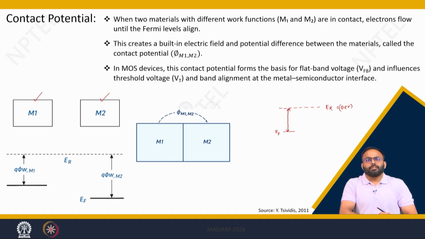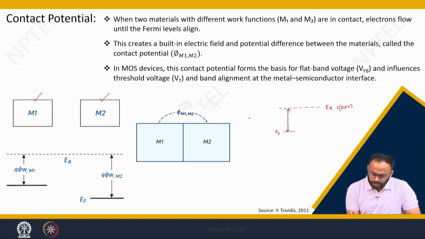So, work function is defined as the minimum energy required for the electron to leave its host material. If the work function is higher, it means the electron is tightly bound with that particular material, and hence you need to apply more energy. If it is a low work function, the electron is loosely connected with its parent atom, and hence you require less energy.